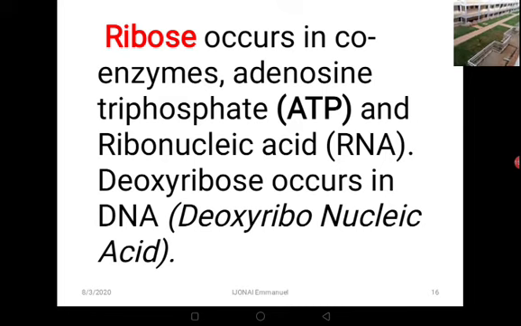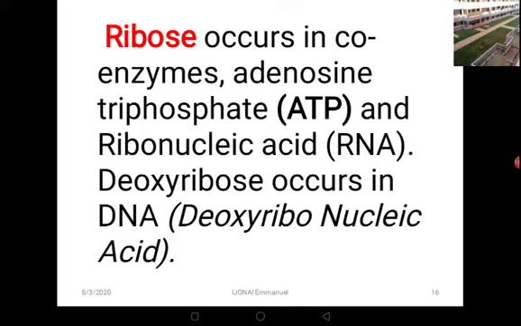That is great. So ribose, where do we get the ribose sugars naturally? Where do they exist? They act as coenzymes in ATP, adenosine triphosphate, and they are also constituents of RNA, ribonucleic acid. What about the deoxyribose?